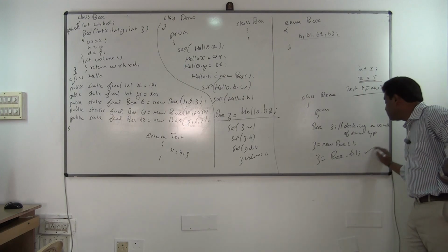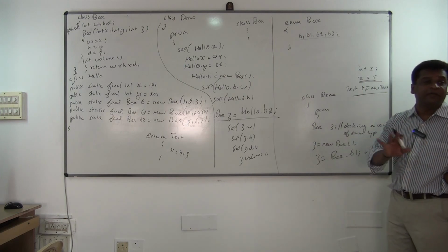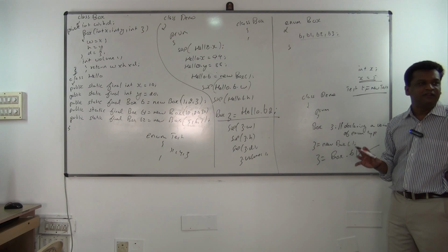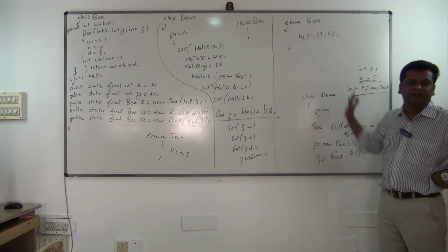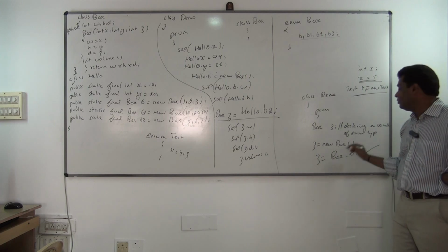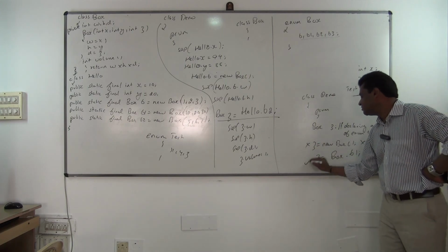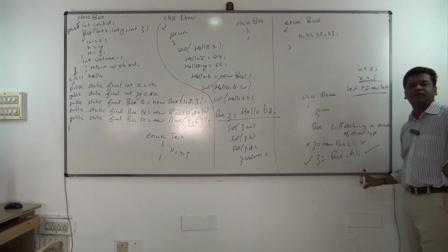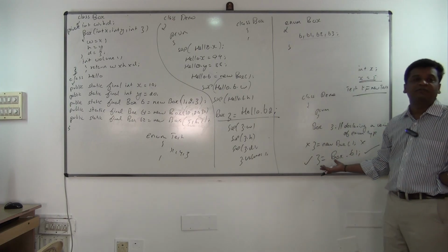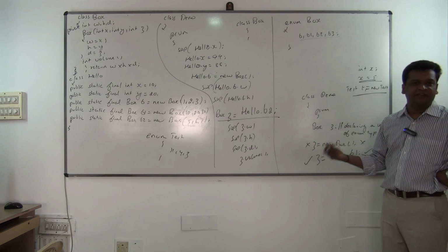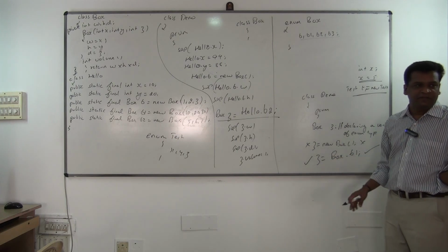So this is the only way you can initialize an enum variable, no other way. The only way is by giving it the value of a constant from the enum. You cannot use new, this is wrong, this is valid. So declare it and later on initialize it. Done? Okay, right now there are no members, so I cannot work with z. But once I add members, definitely I can go on working with z.